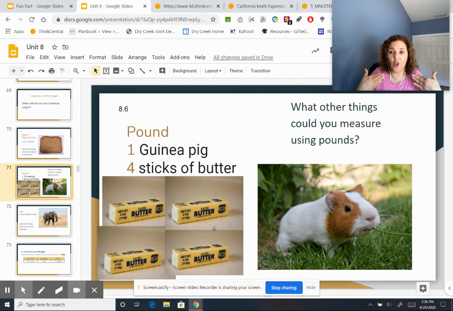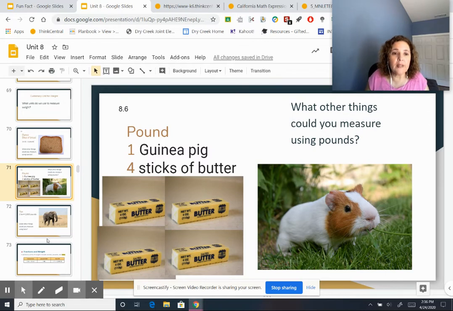Ourselves, if we put ourselves on the scale, we weigh ourselves in pounds. Any animal, human beings, pretty much every ordinary object you think of, we would probably want to measure in pounds. So pounds is probably used the most often, okay?